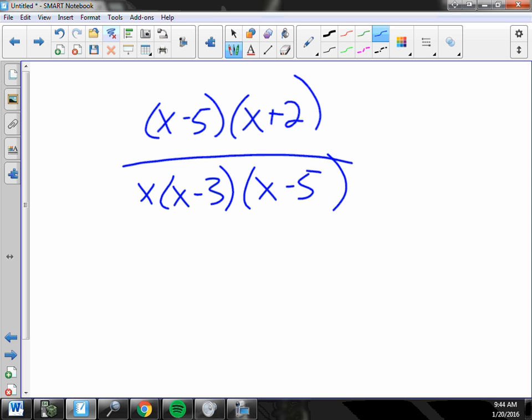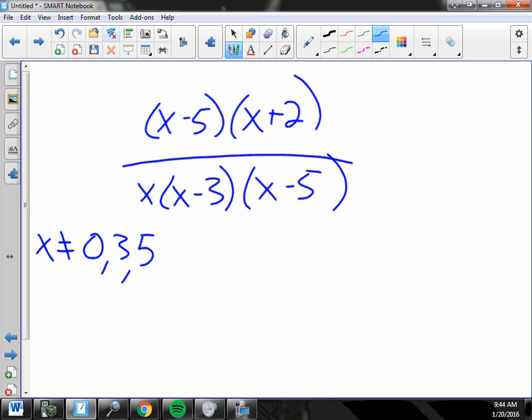where are the discontinuities, the vertical asymptotes, and the slant asymptotes? So we know x is not allowed to be 0, 3, or 5. Everybody get that? Okay.